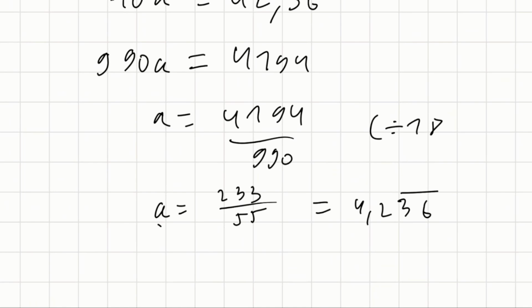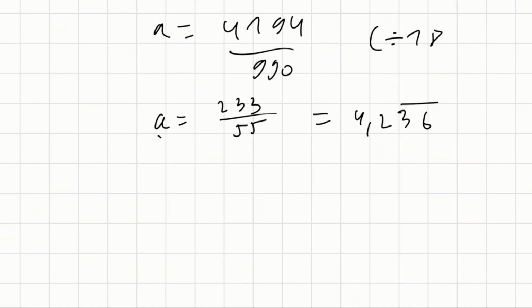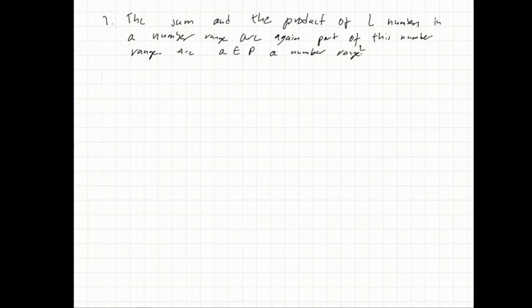You get 4,194 divided by 990. Divide this by 18, so you get 233 divided by 505, and this is equal to 4.2 with the period of 36. Yeah, very nice.